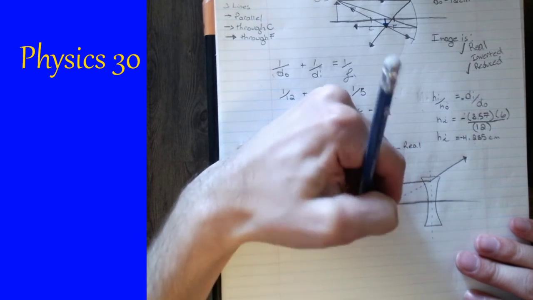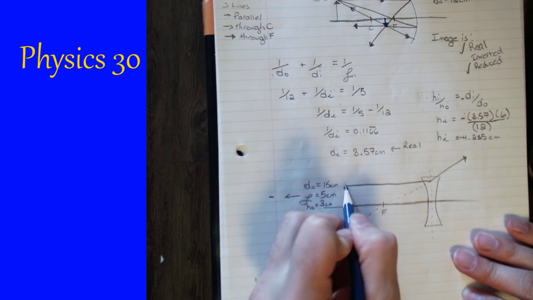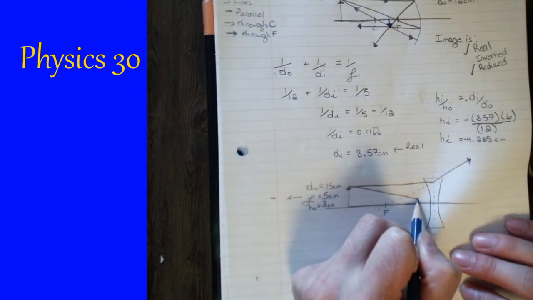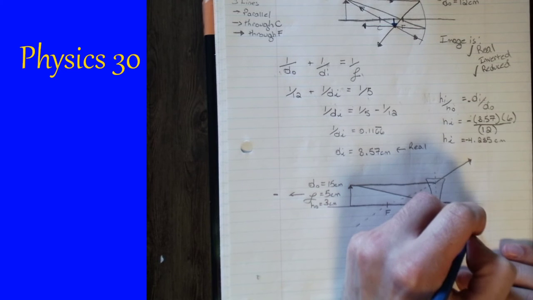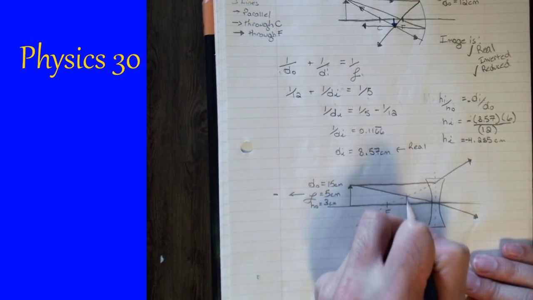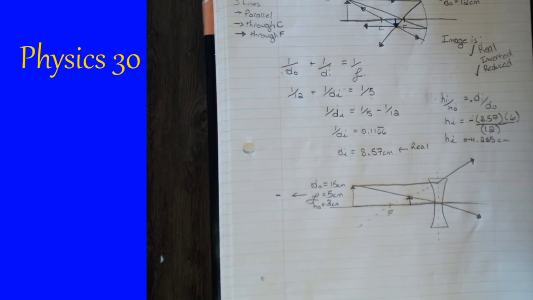That's how I've always thought of it. And then another ray of light crosses through kind of the vertex of the mirror. And so our object, we can kind of already see it's going to appear right here.